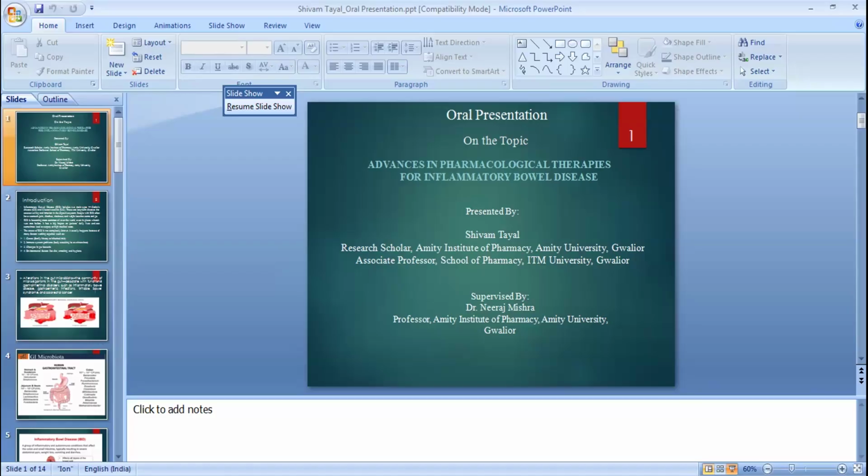As I said, IBDs are of two types, Crohn's disease and ulcerative colitis. What is the major difference between them? Crohn's disease usually takes place in the small intestine and at the beginning of the large intestine. Its characteristic feature is that it affects the deeper layers of the bowel wall, while ulcerative colitis takes place in the large intestine and does not occur in the deep layers.